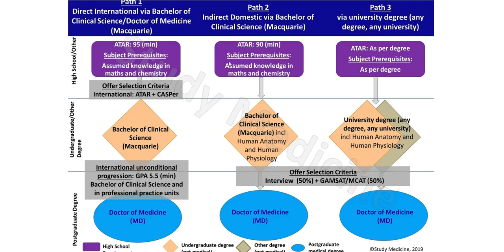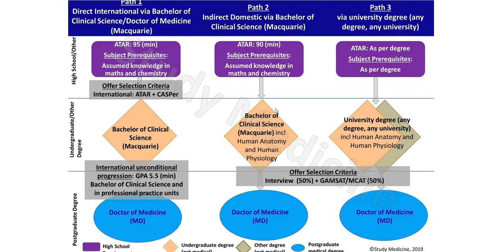Like the first path, there's assumed knowledge of maths and chemistry. Those students go through the normal requirements of competing to get into the university degree as any high school student. With those requirements, they go straight into the Bachelor of Clinical Science degree at Macquarie.